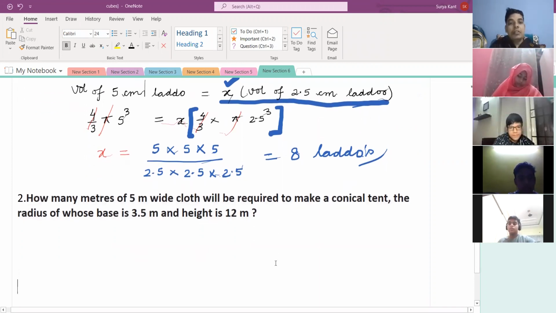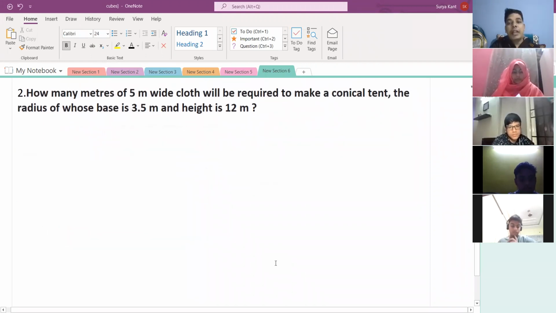How many meters of cloth will be required to make a conical tent, the radius of whose base is 3.5 meter and height is 12 meters?